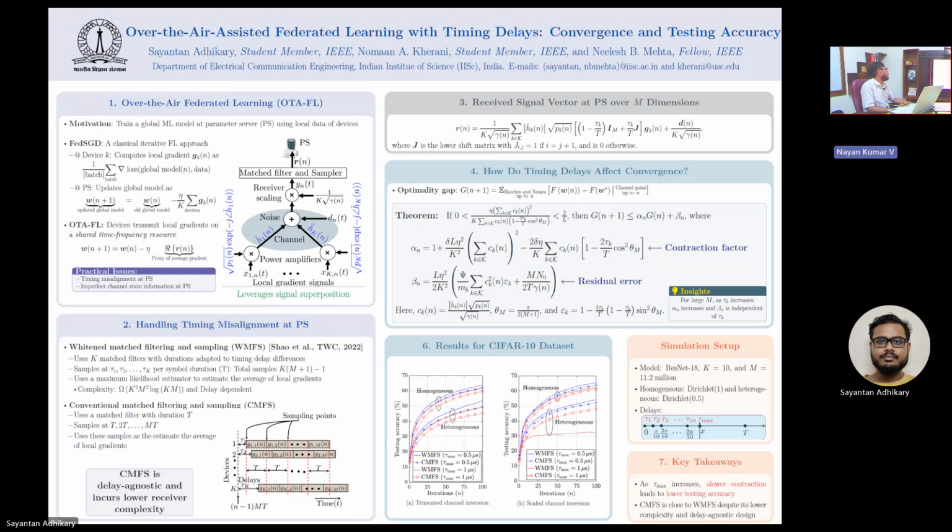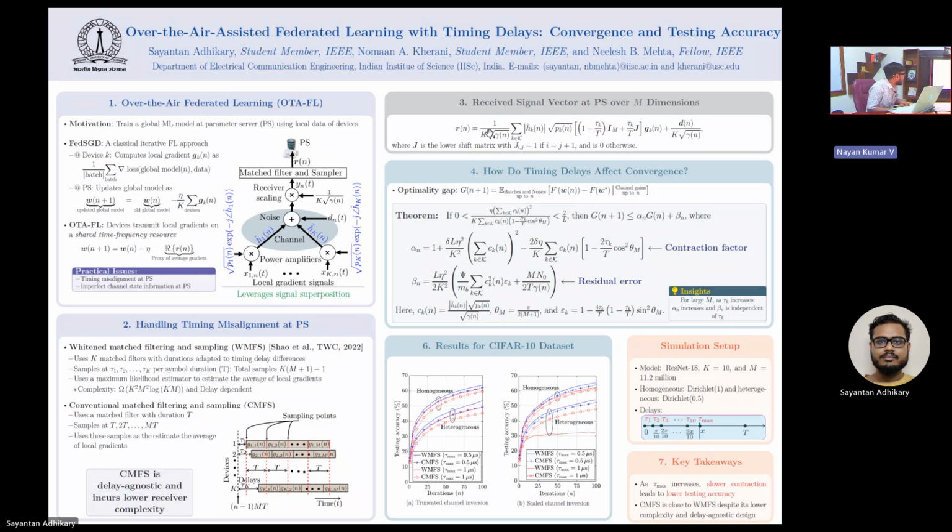So let's look at how good or bad a CMFS-based over-the-air computation setup is, where the devices are misaligned in their timing delays. We have found that the received signal vector at the parameter server, the samples, which is of dimension m, is like this.